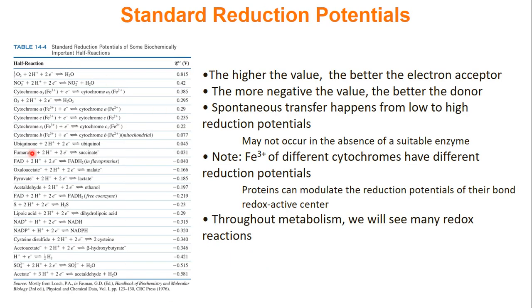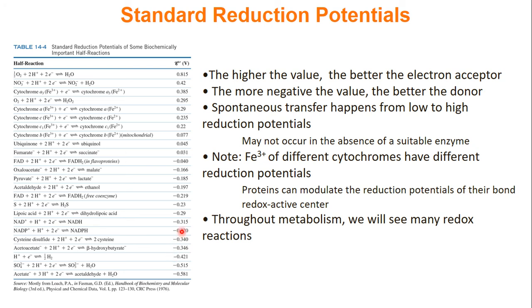In biochemistry and inside the cell, we have a ton of compounds that go through redox reactions, so we have a ton of reduction potentials. Generally for reduction potentials, the higher the value, the better the electron acceptor, the more it wants to be reduced. The more negative the value, the better the donor, the more it wants to give off electrons.